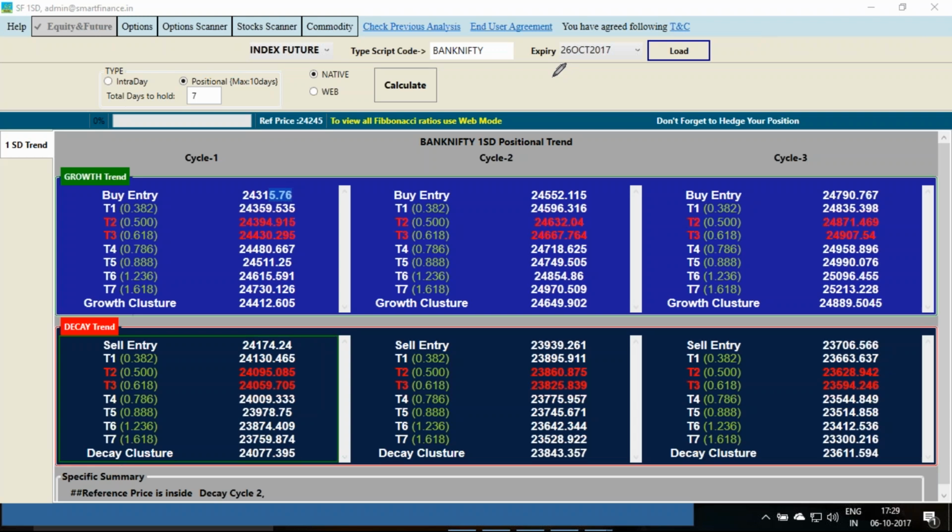Though in the market, every year 40% new traders are getting added, skilled traders are only 0.5% to 1%. Skilled trader means how many years you are trading.